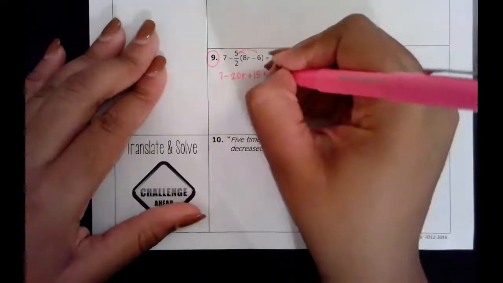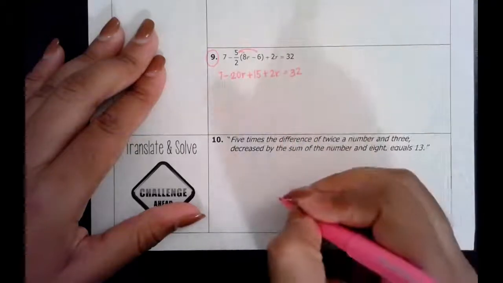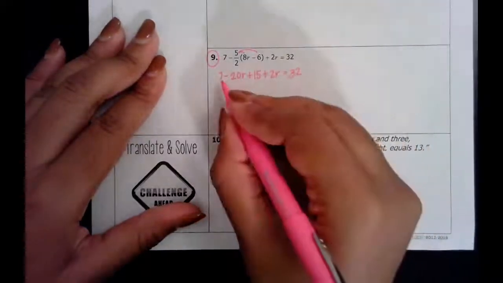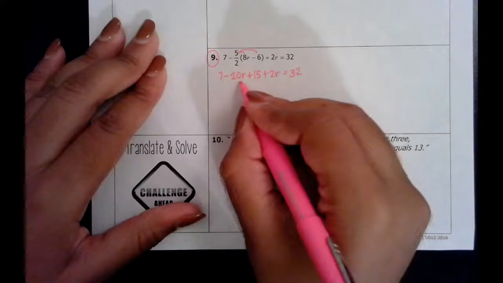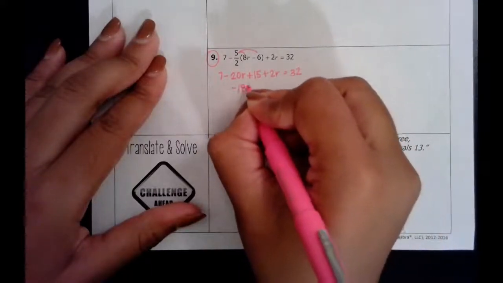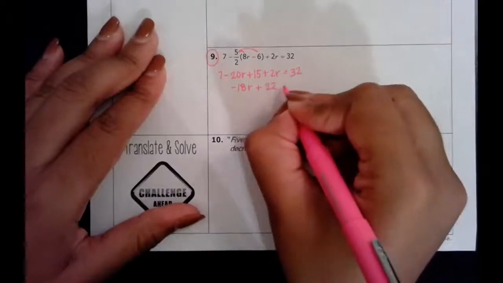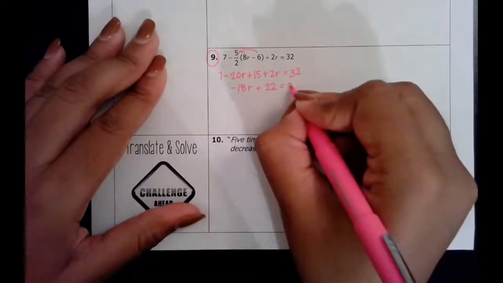Plus 2R equals 32. Combine your like terms, which is 7 and 15, and negative 20R and 2R. So that would leave me with negative 18R plus 22 equals 32.